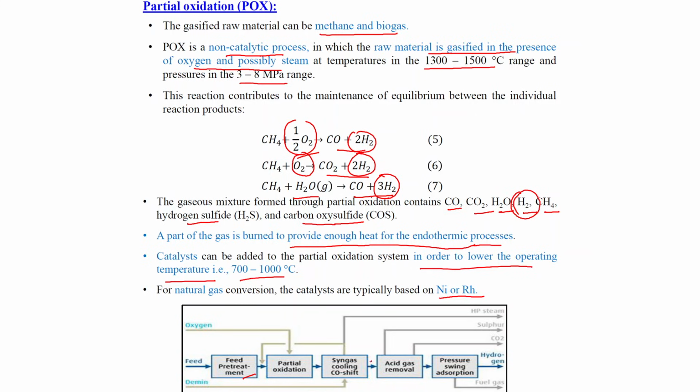Then syngas cooling takes place, and this gas is taken for acid gas removal, such as hydrogen sulfide and carbon oxysulfide. All these acid gases are removed. Then this gas is sent to pressure swing adsorption, where the separation of different gases from the hydrogen is done, and we get hydrogen here. Okay.